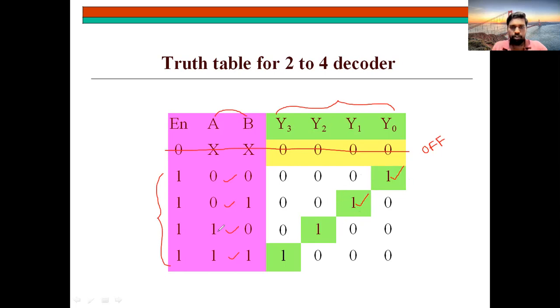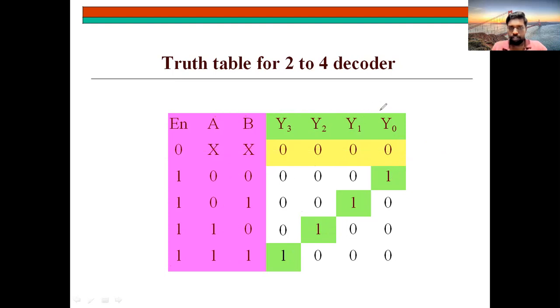For the third input combination 1, 0, the third output Y2 is activated and the remaining three are 0. For the fourth combination, the fourth output is activated and the remaining three are in 0 state. That means for each and every input combination, one among the 2 power n, that is one among these 4, will be taken as high, and the remaining 3 will be left alone. So this is the truth table of the 2 to 4 decoder.